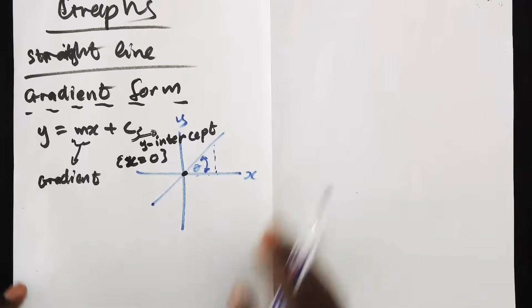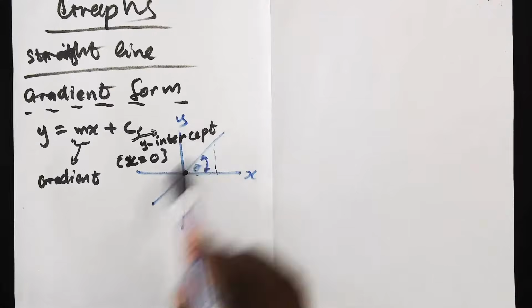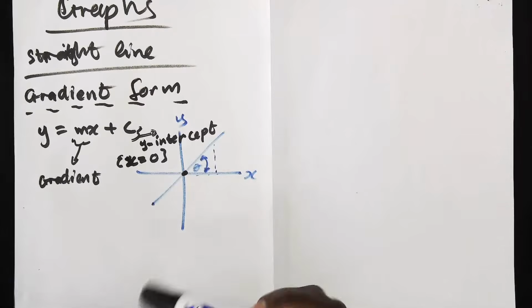It means for that one, c was 0, as x is 0. This is where the graph cuts the y-axis into two parts. So if this line passes through here and we focus on the y-axis, it splits it into two parts. So we say it is the y-intercept.